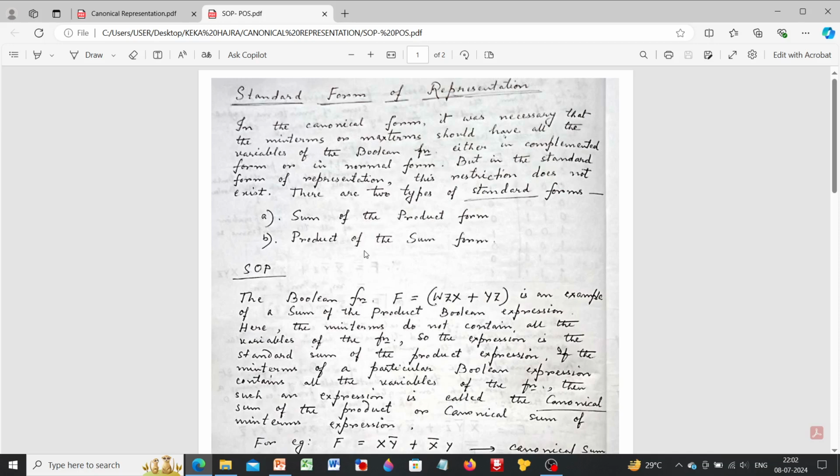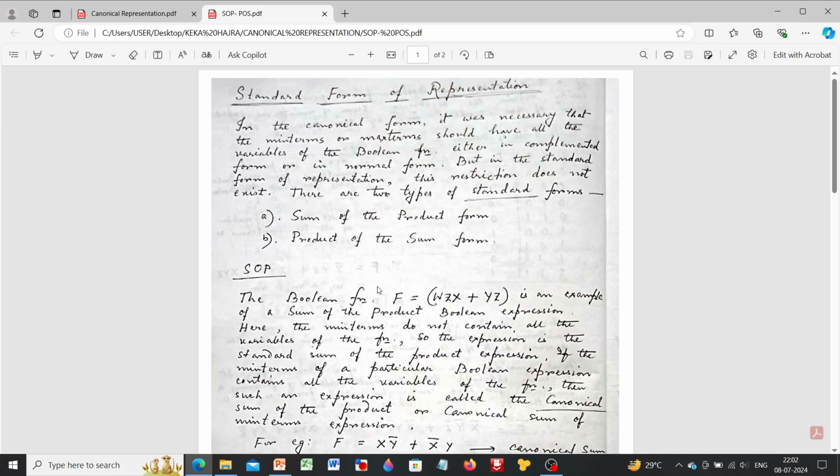So in canonical form it is essential that all the minterms or maxterms have all the variables that the function contains, either in normal form or complemented form. But in standard form of representation, this restriction does not exist.